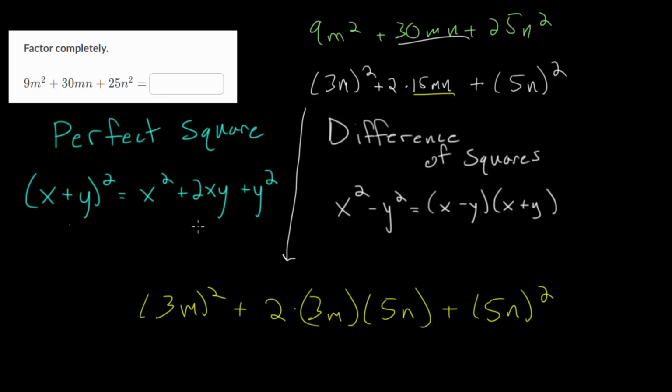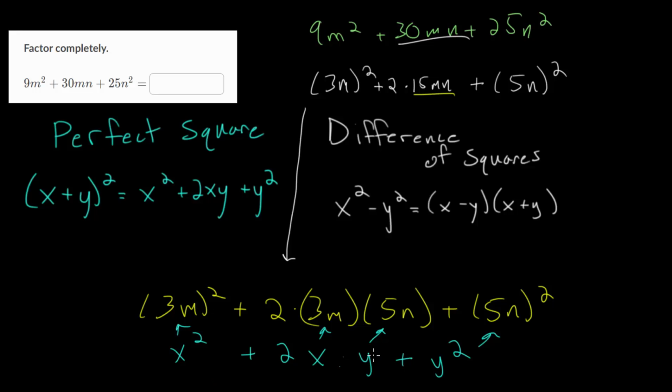So this does match up with our formula. We have some number squared plus twice that number multiplied by another expression, which we can call y, plus that expression y squared. So we can match it up perfectly with our formula here.